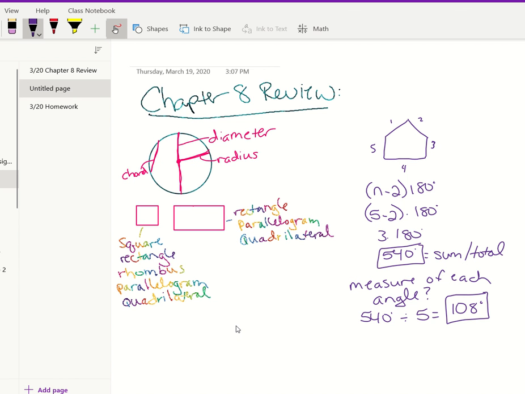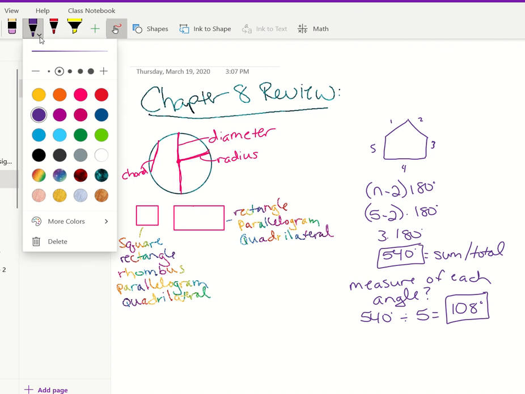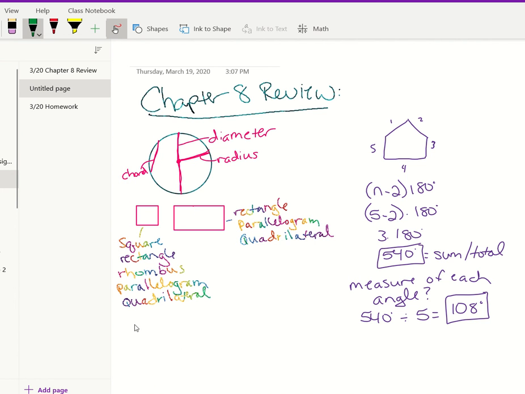Let's look at triangles for a minute. So remember, let's do another color here. Let's go green. Let's say St. Patrick's Day the other day, so we've got green. So we need to measure triangles. And forgive my handwriting.